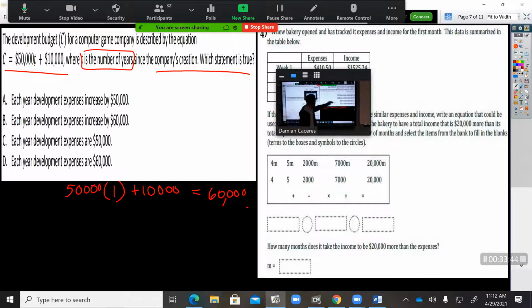Now, for me to see which one of these is correct, I got to do this again. But instead of 50,000 times 1, I'm going to put 50,000 times what? 2. Very good. Now, 50,000 times 2 is 100,000. 100,000 plus 10,000 is 110,000.